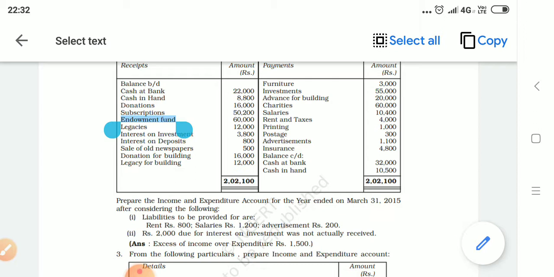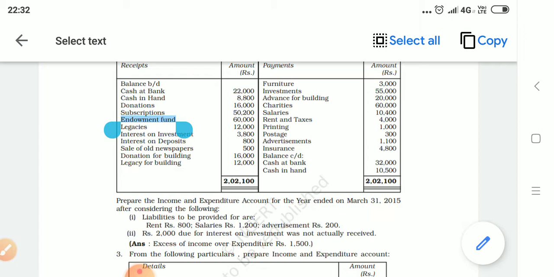It is through the endowment fund. Someone would have left a fund. It is somewhat similar to legacy, but here the money is invested, and the interest from the money invested is used for the specific purpose. That is why it is an endowment fund.